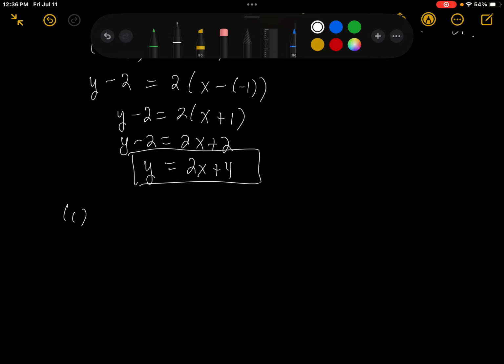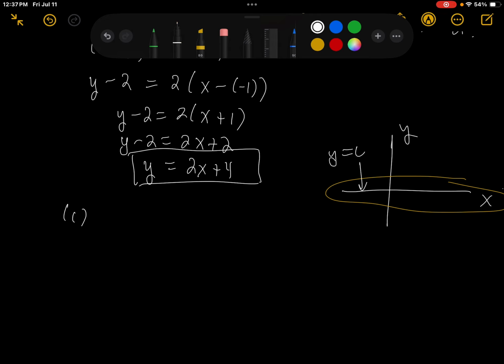If you have this equation, this line, y equals 2x plus 4, where does it intersect the x-axis? Well, the x-axis is given by what equation? What can you say about x or y when you're on the x-axis? This is the x-axis. So that's when y is equal to 0. So you have this line 2x plus 4, y-intercept is 4, slope is 2, and you want to figure out where it intersects the x-axis.